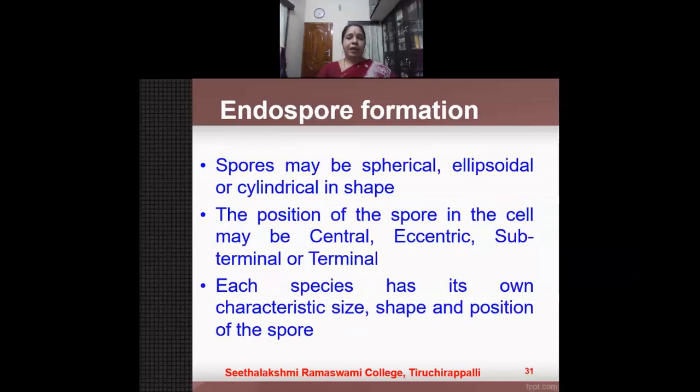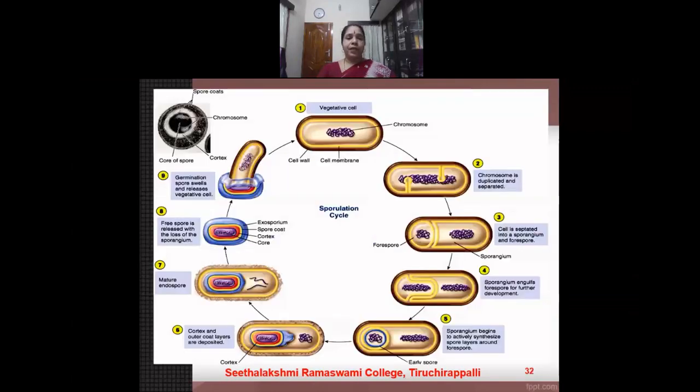Spores may be spherical, ellipsoidal, or cylindrical in shape. The position of the spore in the cell may be central, in the center of the cell, eccentric, in one pole of the cell, subterminal, or terminal. Each species has its own characteristic size, shape, and position of the spore. This is how the endospore is formed in the bacterial cell.